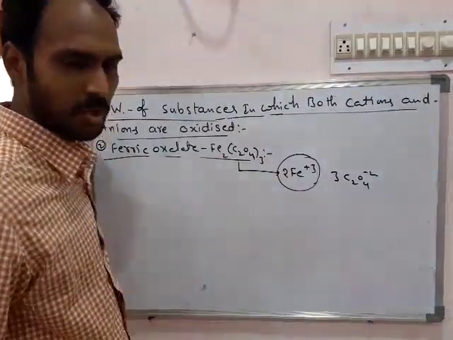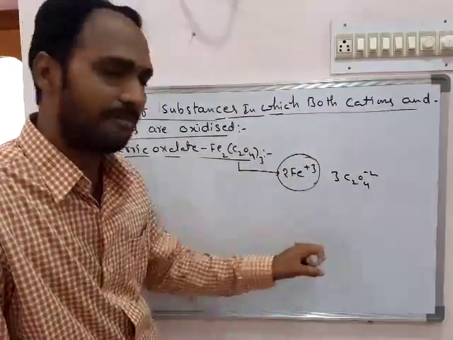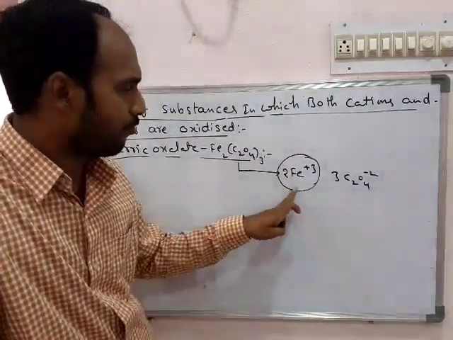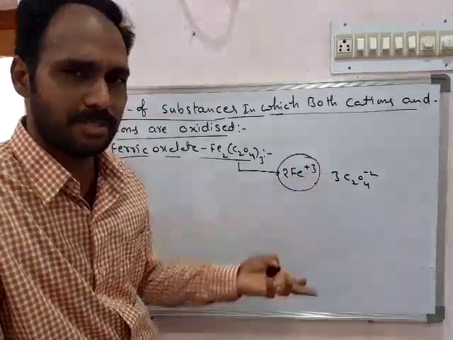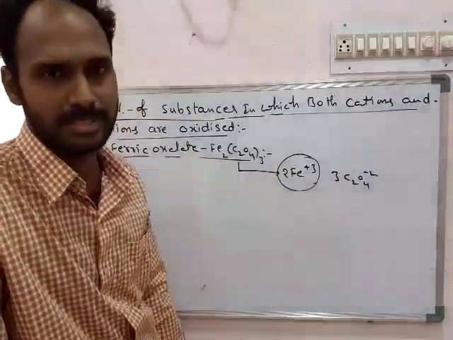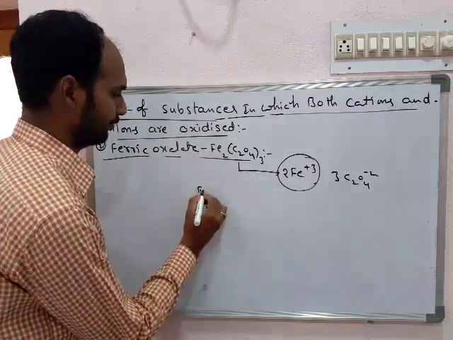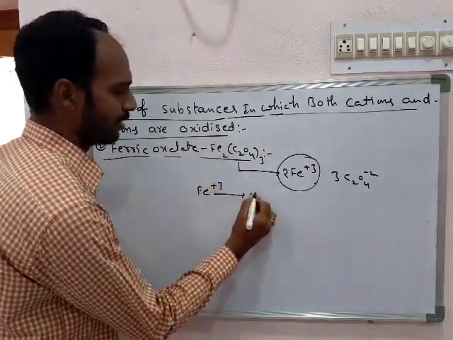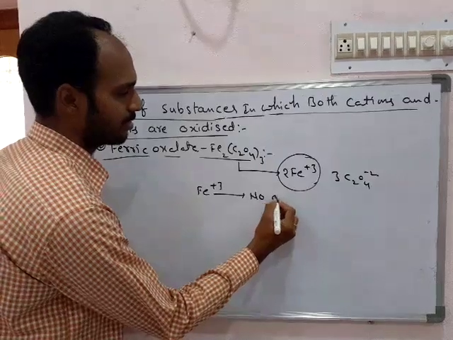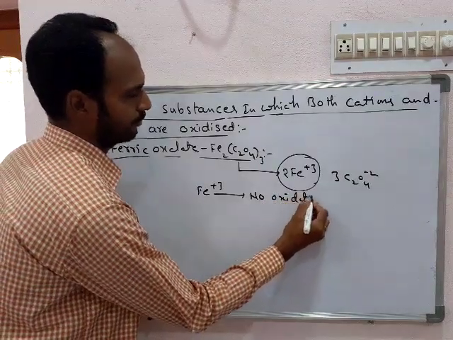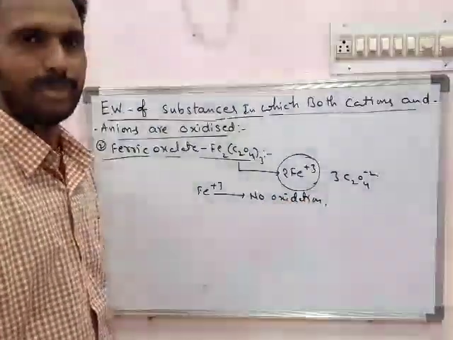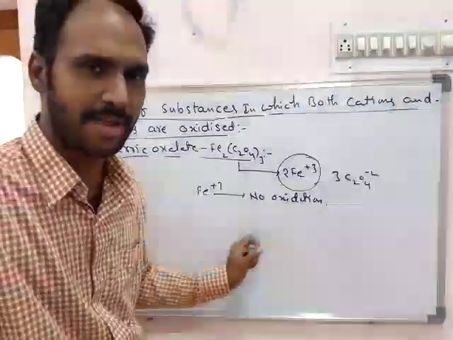For ferrous there is a chance to oxidize into ferric. But here it is already in the Fe+3 form. So there is no oxidation of Fe+3, and there is no consideration of an n factor for it.